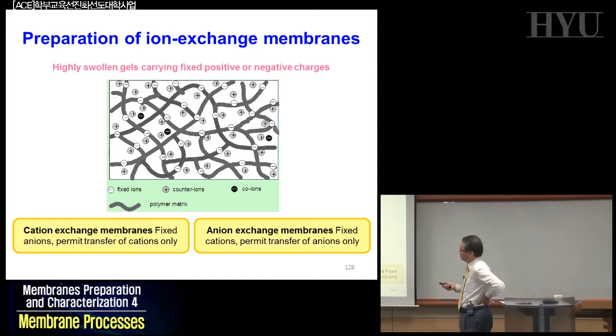If you have a fixed negative ion in your support, in your base, we call this a cation exchange membrane because you exchange cations rather than anions. Anions are remaining. So the exchange membrane is one where you exchange the counter ions. Counter ion is exchanged.